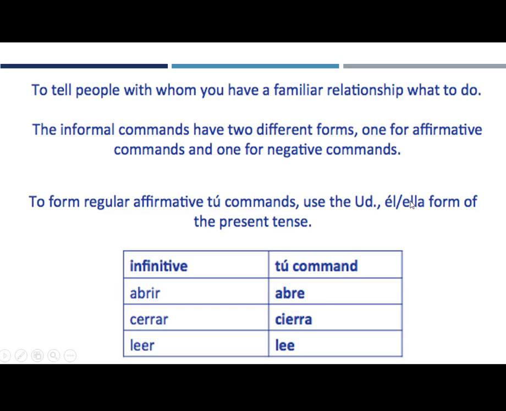And that's going to be the form for the affirmative command. It's super easy. So let's say they want to say study more. Estudiar, the verb to study, is yo estudio, tú estudias, él, ella or usted estudia. So we're going to take that form, estudia, and that is the form that we use to say study more. Estudia más.